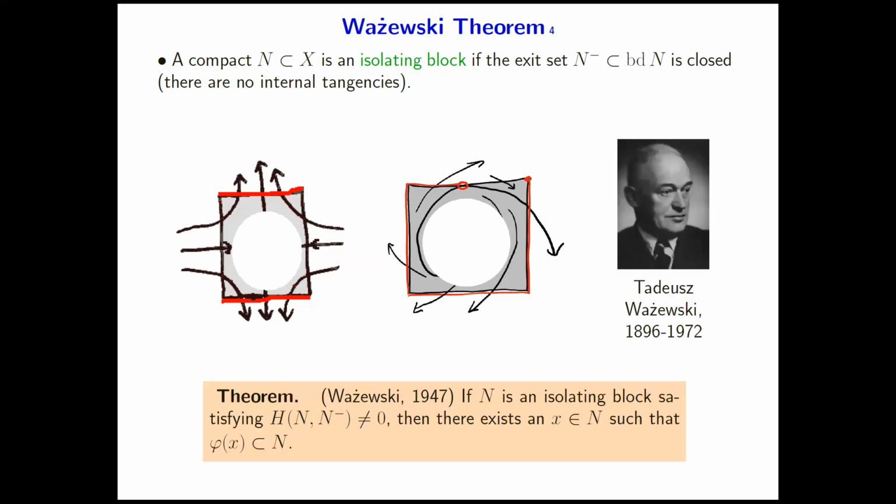So the theorem itself, in this more computational language, says that if N is an isolating block, so these internal tangencies are excluded, or the exit set is closed, and the relative homology of the whole compact N relative to this red set of exit points is non-trivial, then there must be a point inside where the solution stays there forever.